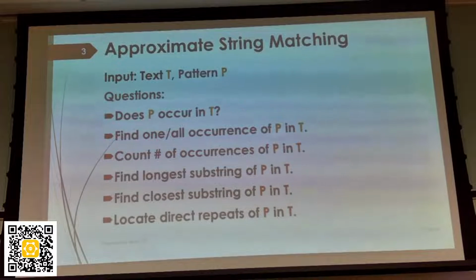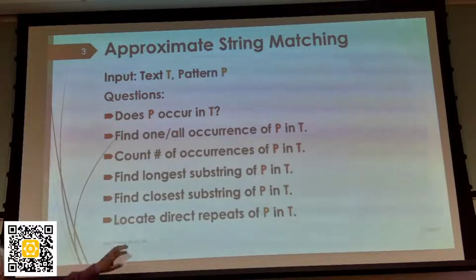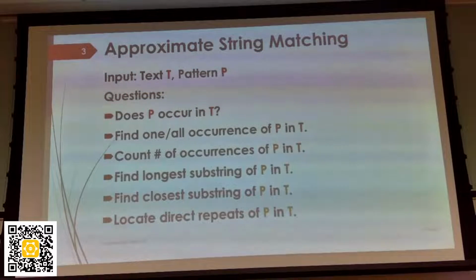It doesn't have to be exact. Maybe I misspelled the word, or maybe the word is misspelled in the document and I'm searching for it, right? Or what if I want to look for repeats? And repeats are also quite interesting.